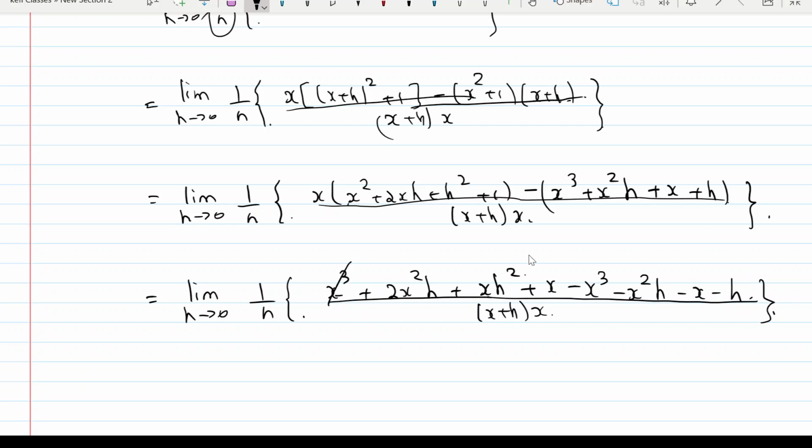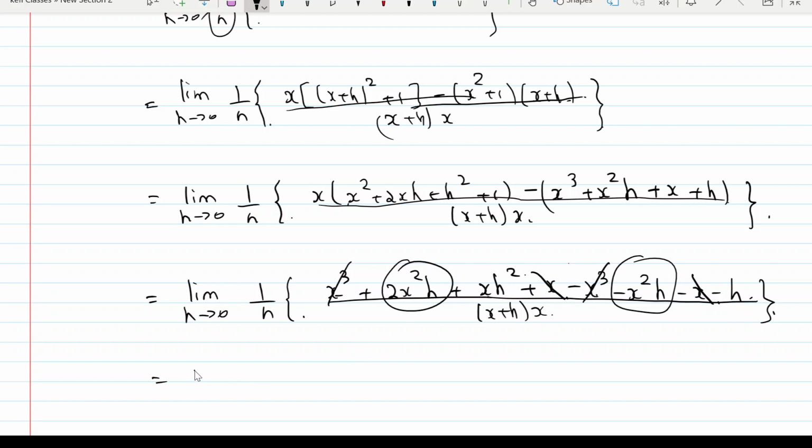So x cube and x cube cancels, 2x square h minus x square h becomes x square h, x h square remains as it is, and this x and minus x cancels.